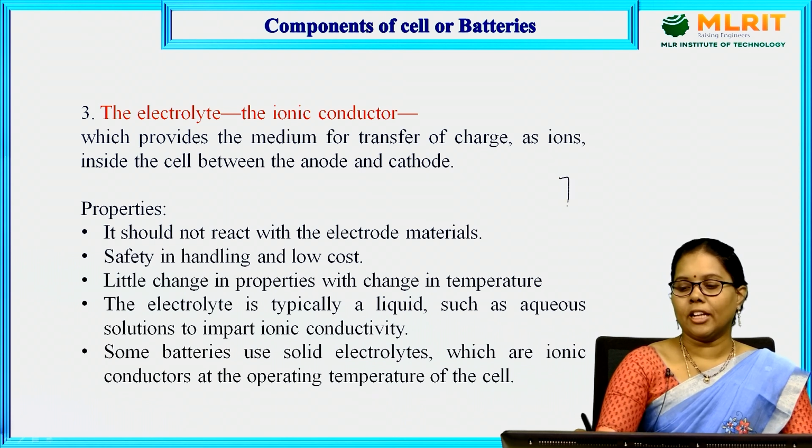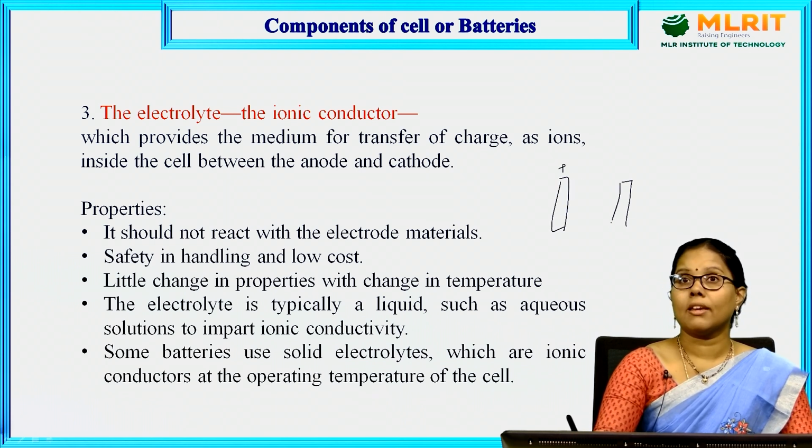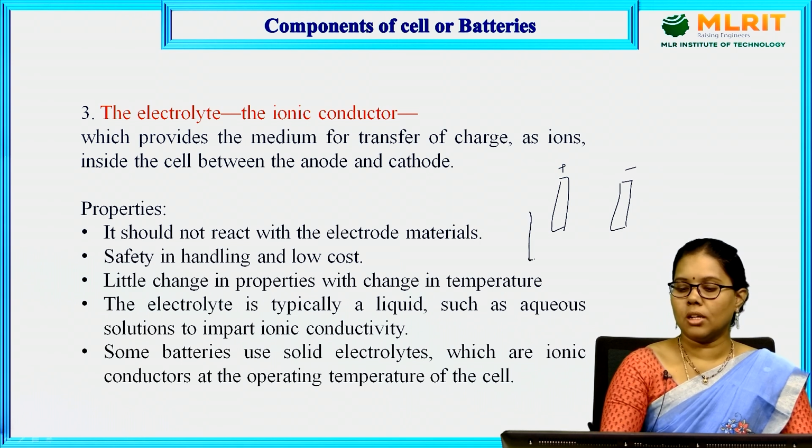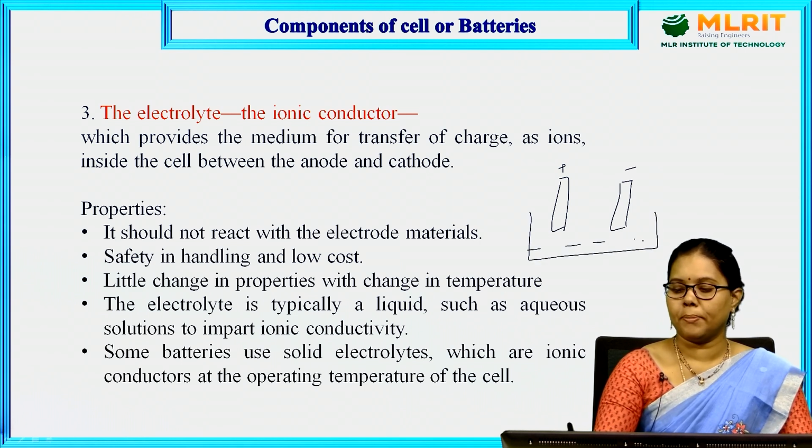The next component of the battery is the electrolyte. See, if we take an anode and a cathode, both are placed in an electrolyte medium and connected to a load.